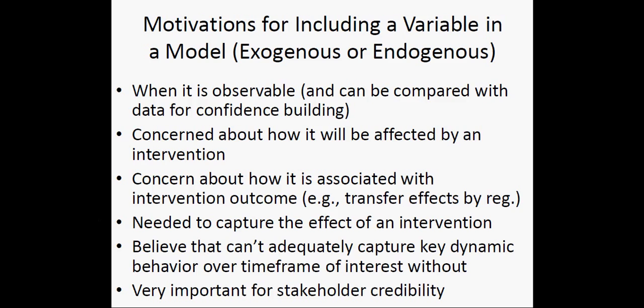Another factor that might incline us to put a component into the model is if we're concerned about how it will be affected by an intervention. We want to capture the effects of certain particular interventions. Maybe there are interventions that involve interaction with parks, for example, or aspects of the food environment, subsidies for good nutritional foods.